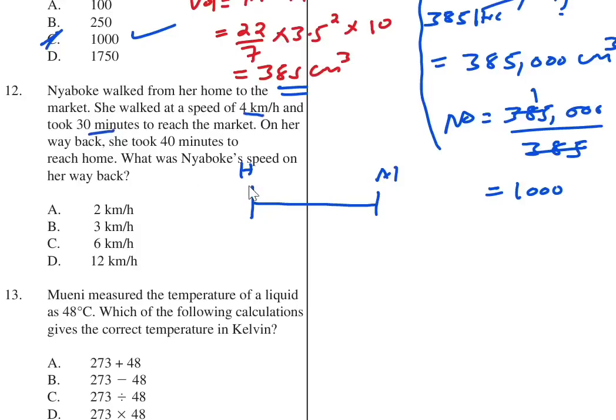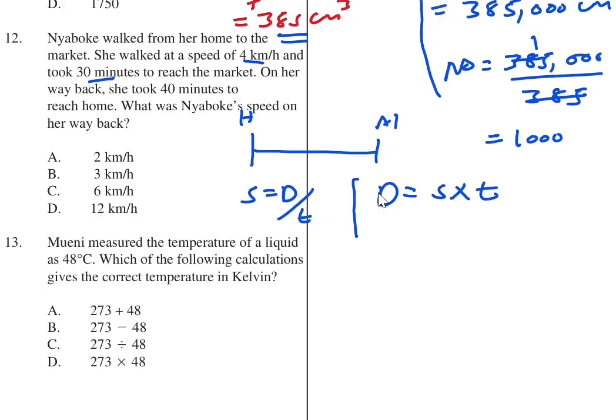The first step is to get the distance from our home to the market. We know that speed is equal to distance over time, so distance is equal to speed times time. Our work is to get the distance from home to the market. So distance is Nyaboke's speed of 4 kilometers per hour times the time of 30 minutes.